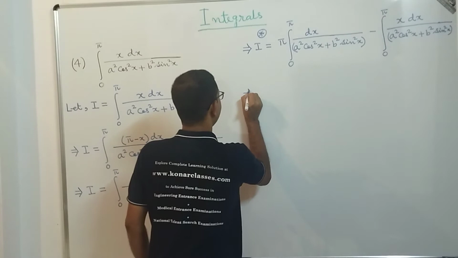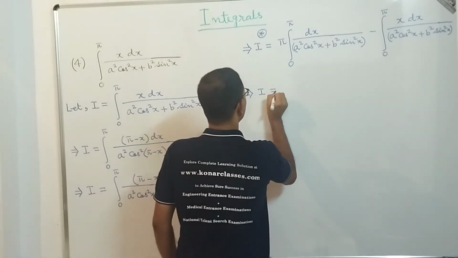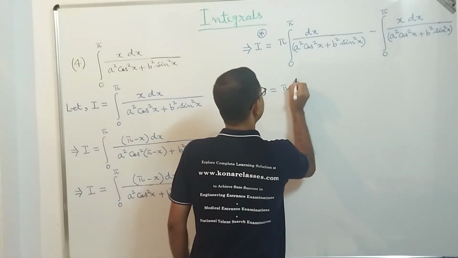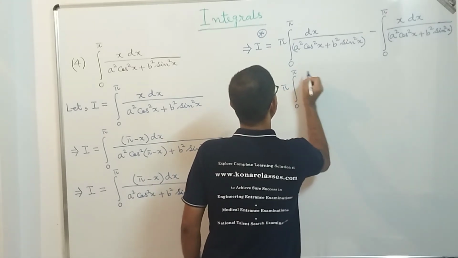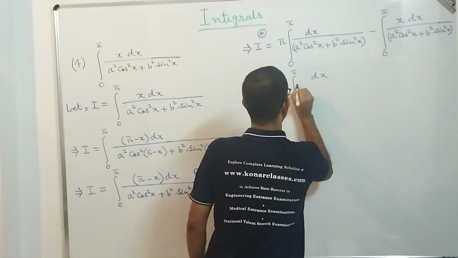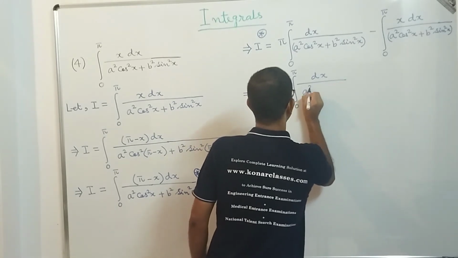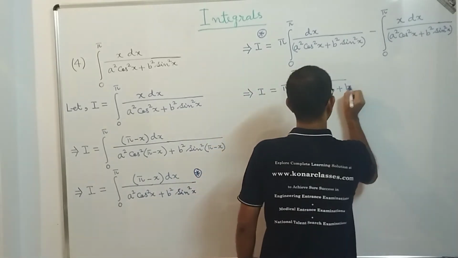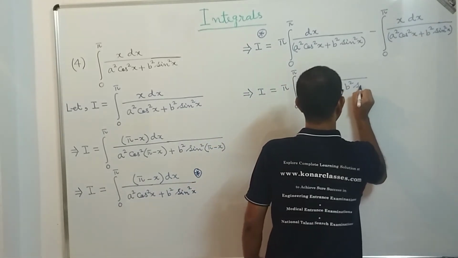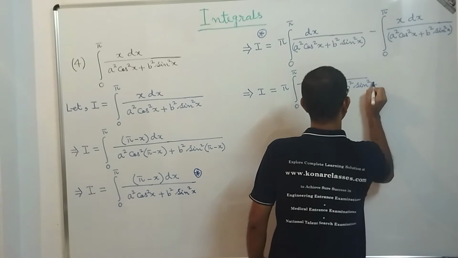So from here we can write I is equal to pi integration 0 to pi dx divided by a square cos square x plus b square sin square x, correct?